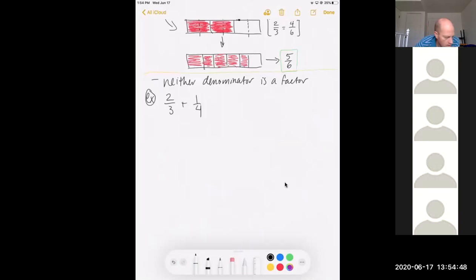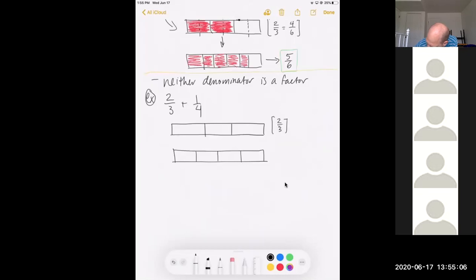Okay. I'm going to add 2/3 and 1/4. So I'm going to depict my 2/3 here, and depict my 1/4 here. With Singapore math and with math how it's taught these days, we're looking more pictorially.